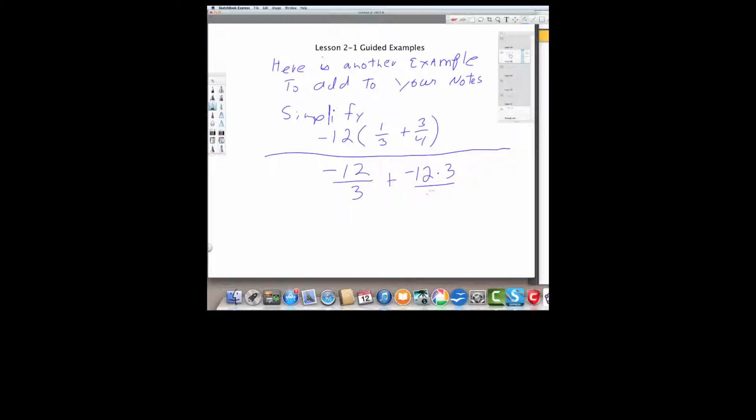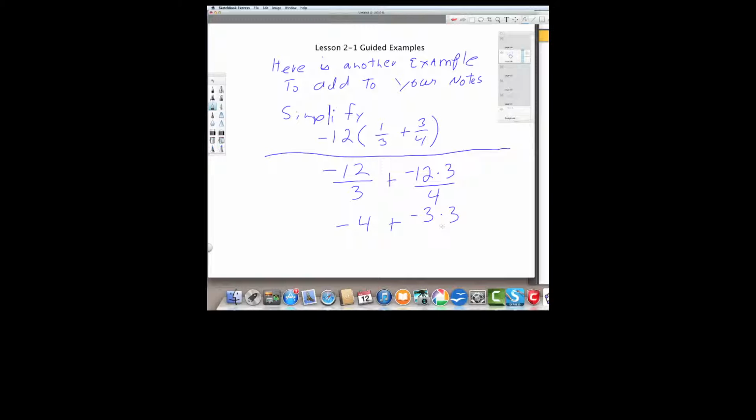The reason I did this in this case is because I wanted to be able to simplify. Well, I know 3 goes into negative 12 negative 4 times. Here I can factor 4 into negative 12. 4 goes into negative 12 negative 3 times, times 3.